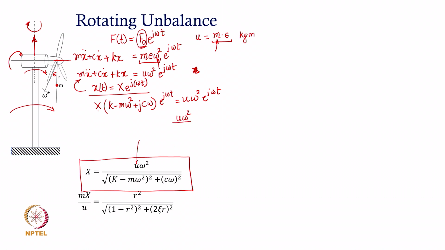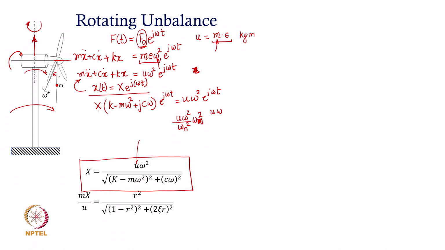So, I will divide this by omega n square just to bring it into our common notation as you see here, and that basically means that this is equal to u times omega, this is to be multiplied by omega n square to keep it the same.